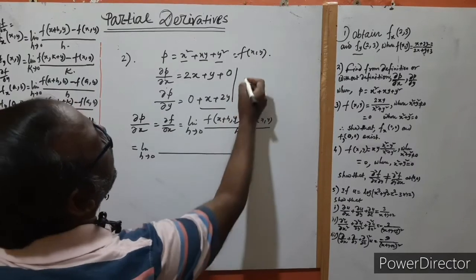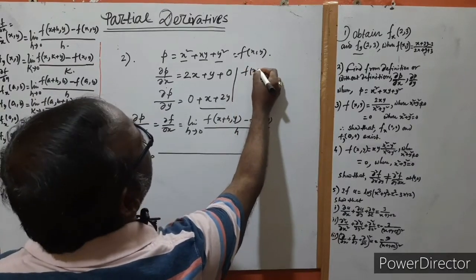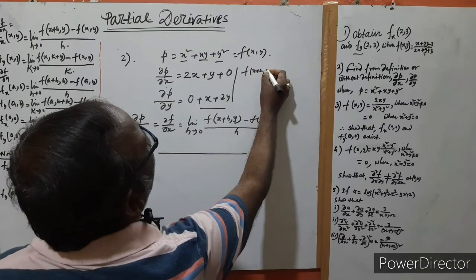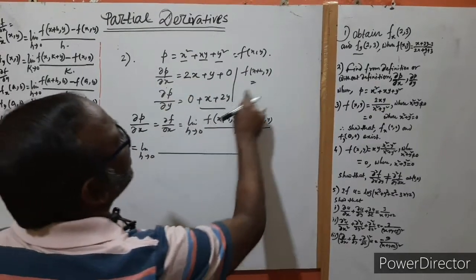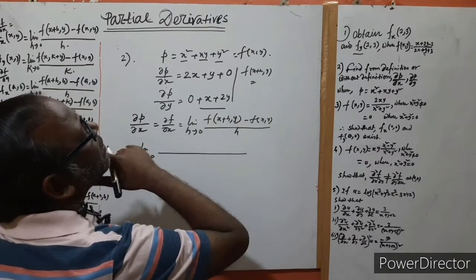So from that, we need to find the value of f(x+h, y); the function is f(x, y) = x² + xy + y². Now we want to find f(x+h, y).